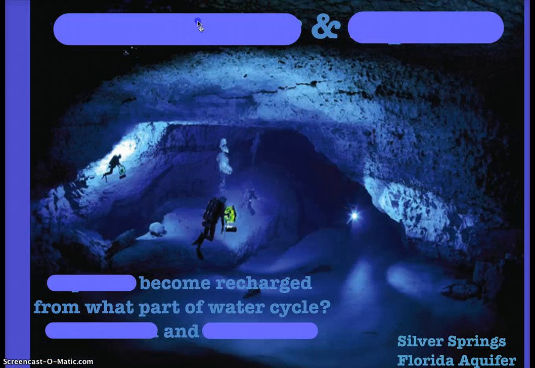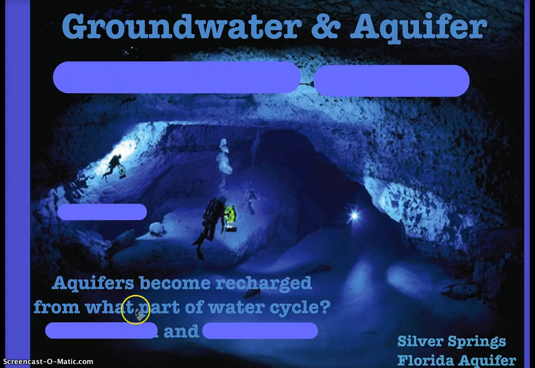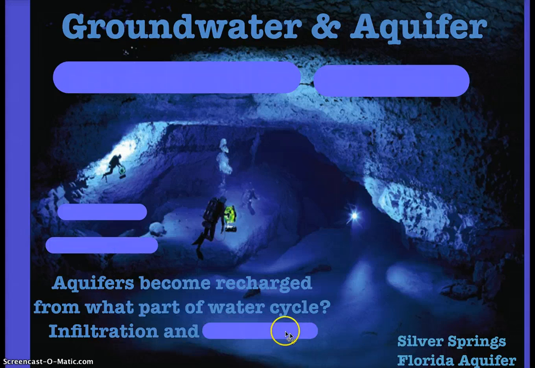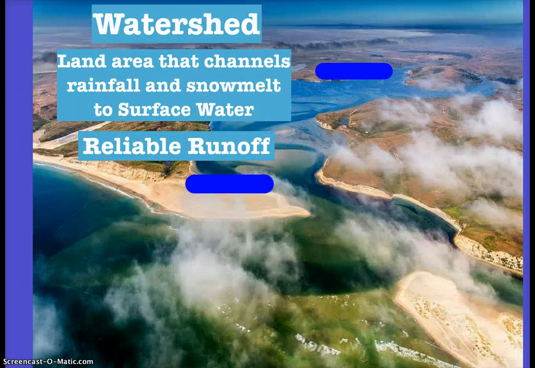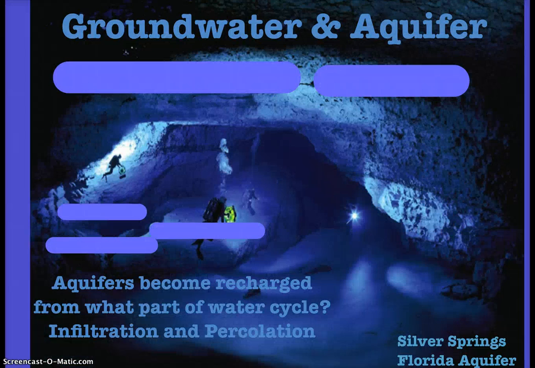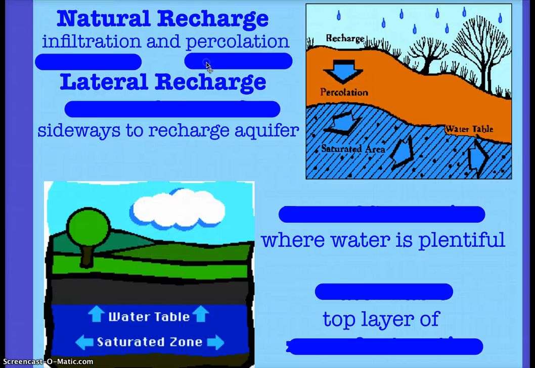Our second source of water we tap into is aquifers or groundwater, or what we call underground rivers. And how are aquifers replenished? They're replenished through infiltration and percolation. So like surface water gets replenished through watersheds, we replenish aquifers naturally, as we mentioned before, through infiltration and percolation.